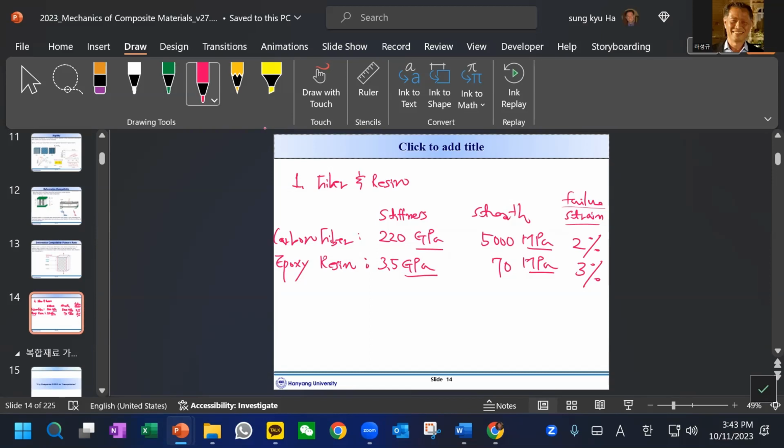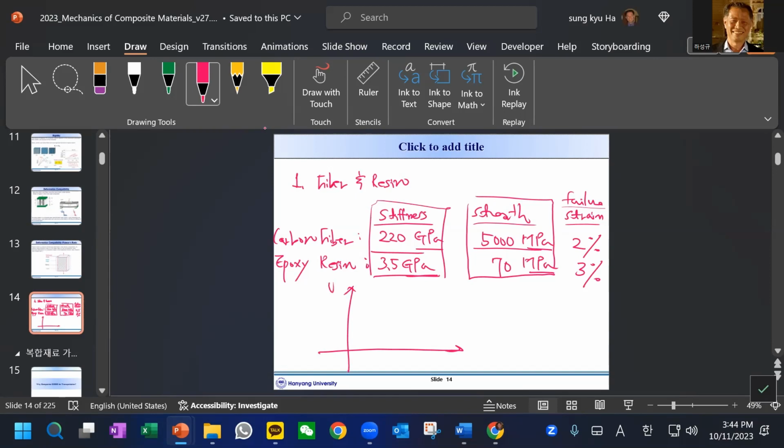Now the very important point is that let's take a look at the strength, how much the fiber can support and how much it can resist under deformation. By the stress and strain curve, we can see this is very high stiffness. So we can draw some stress strain curve like that.